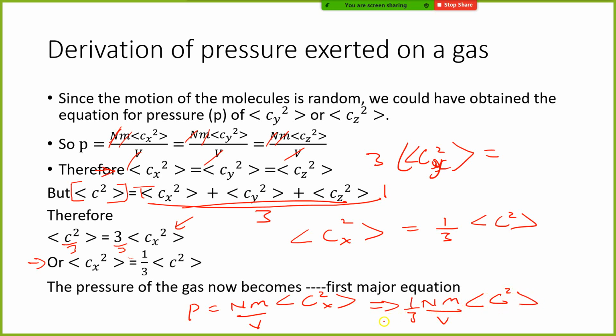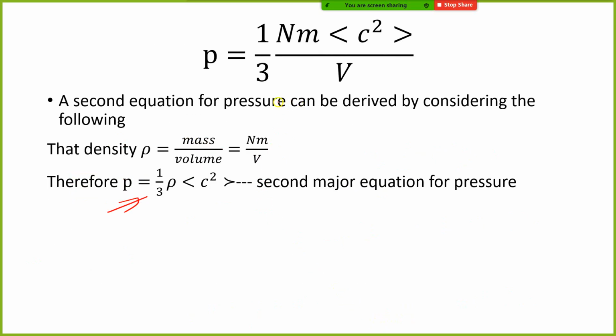So this right here makes the very first major equation that we need to know as it pertains to these things. This is the major equation, as you can see here.